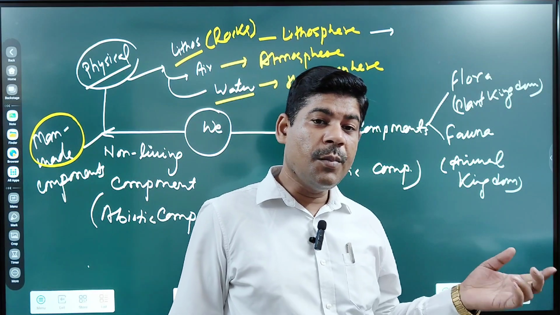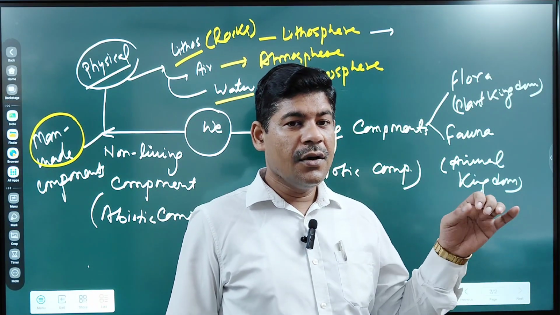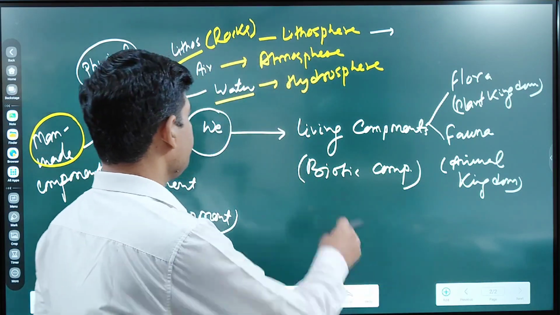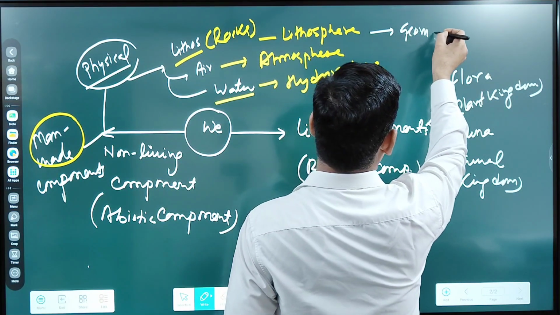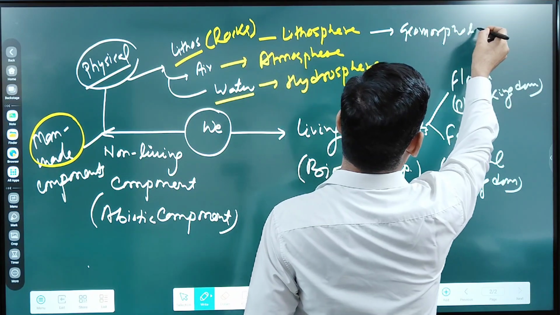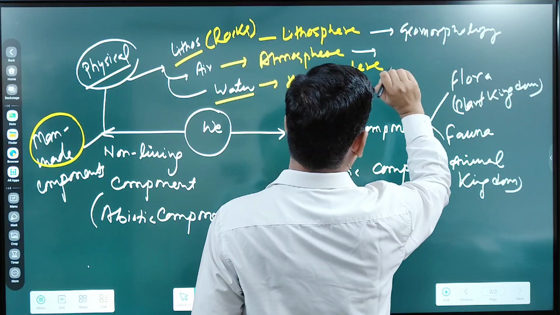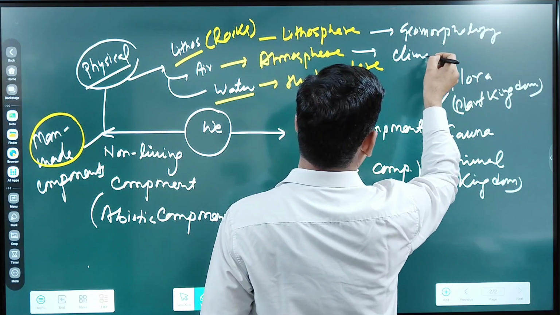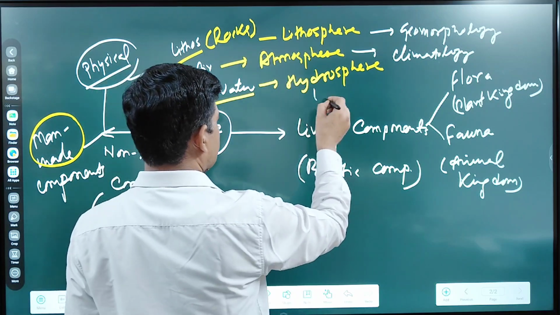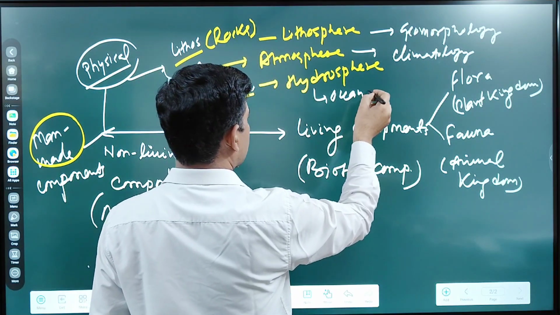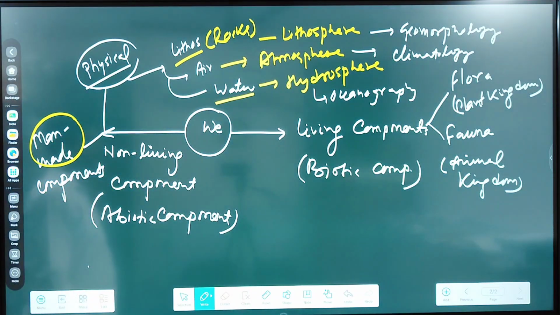In another unit by geosciences, environmental geosciences, we will discuss lithosphere as geomorphology, atmosphere as climatology, hydrosphere as oceanography. Okay.